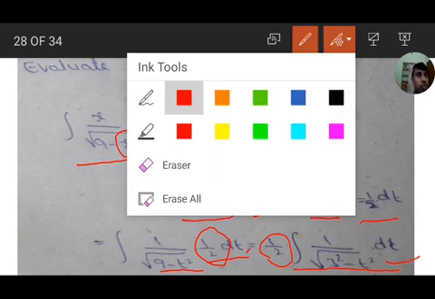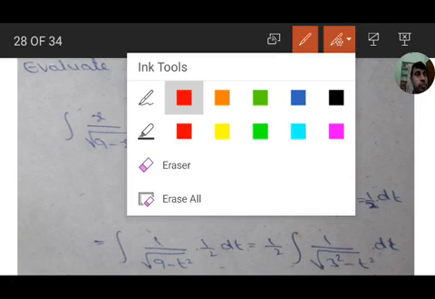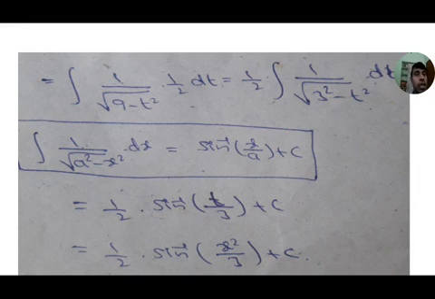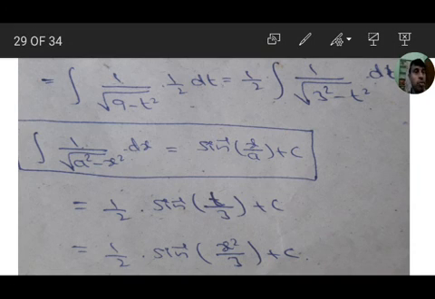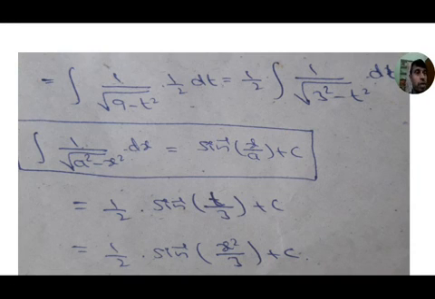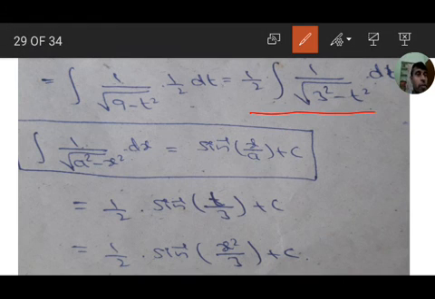So it is of the form, formula, integration 1 by square root of a square minus x square dx equal to sin inverse x by a plus c. Here a equal to 3, and the variable is t.